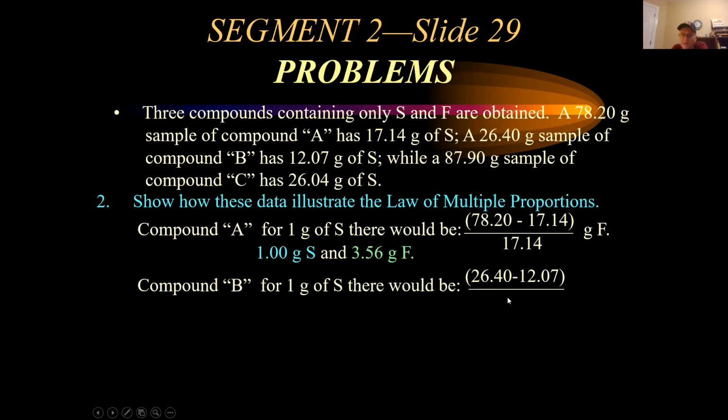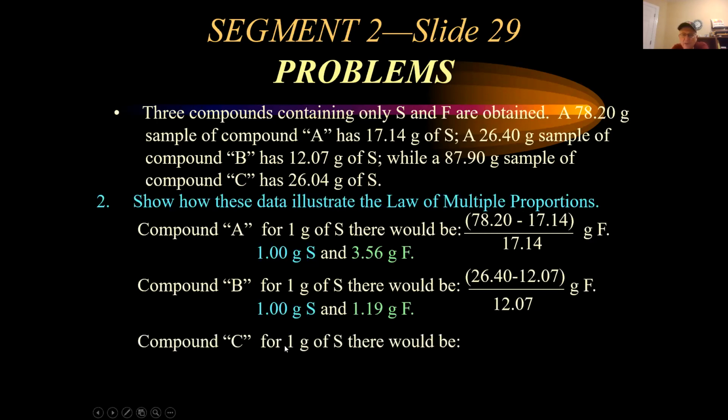Then I want to divide it by the 12.07, like I did up here, to get the mass of fluorine. So in this case, 1 gram of sulfur would be combined with 1.19 grams of fluorine. For compound C, I would do it like this, and I would get this.